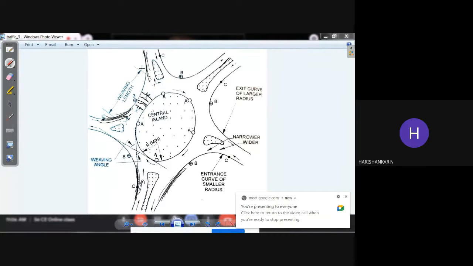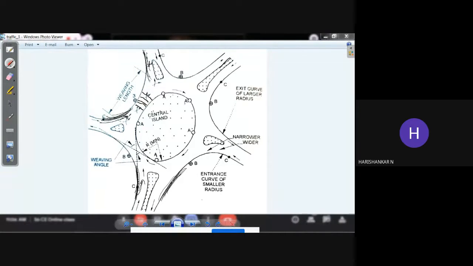Now you can see a term small e in that equation. Small e is equal to (E1 plus E2) by 2. What is this? Here you can see this is E1 and this is E2.